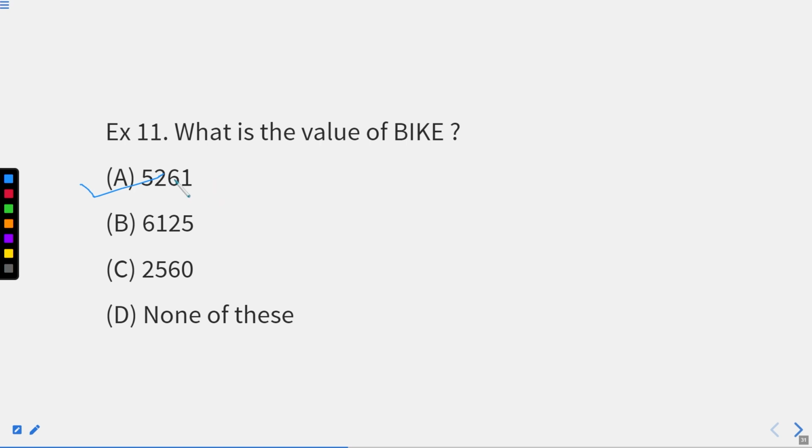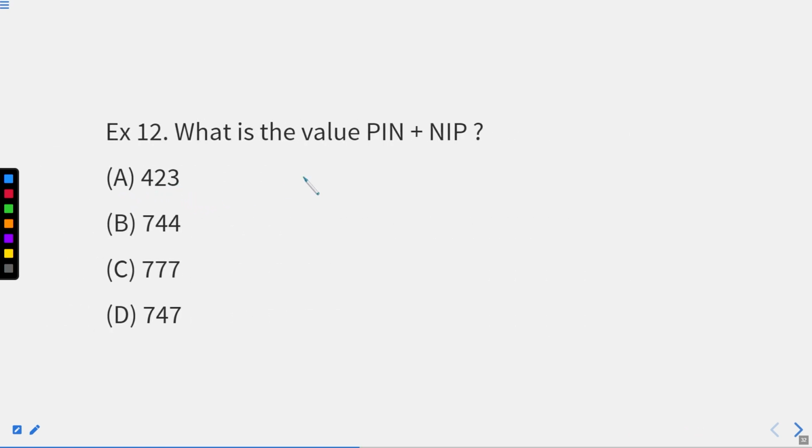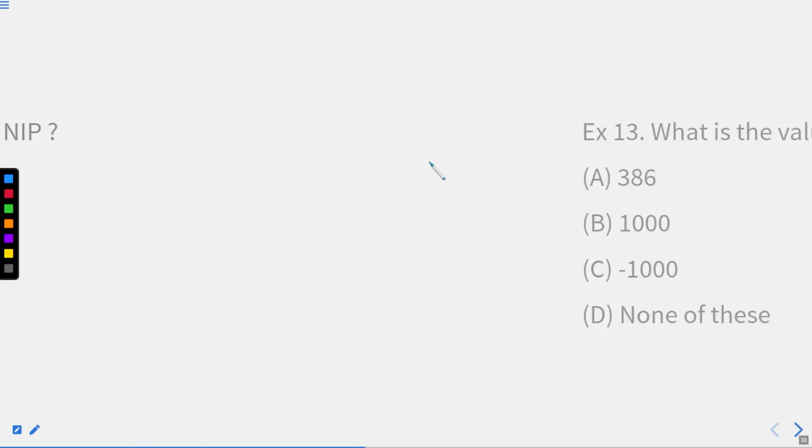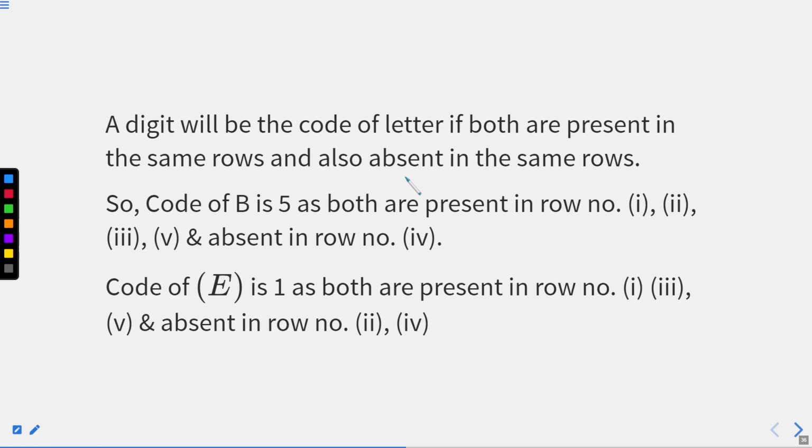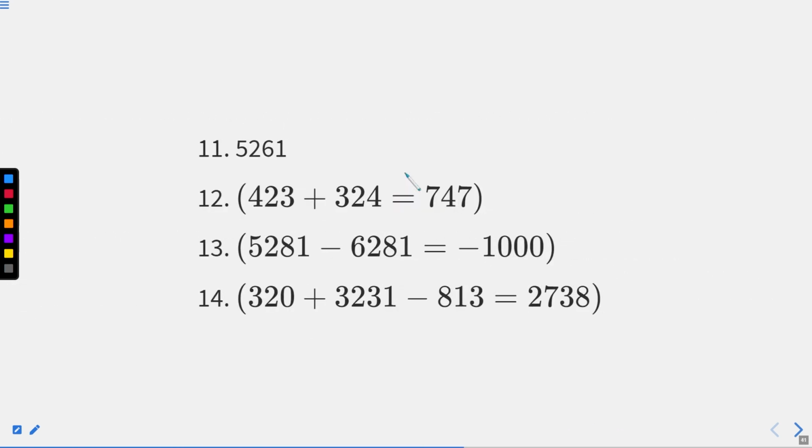You have your answer. In the same manner, if you use the value of PIN and NIP and add them with the help of a simple mathematical operation, that is addition, you will get closer to your answer. Now we'll directly jump to the answer part. Okay, so this is there. If we add the two numbers, we are getting 747.